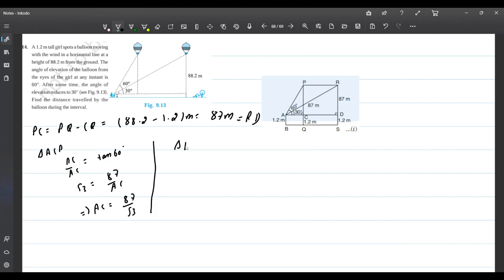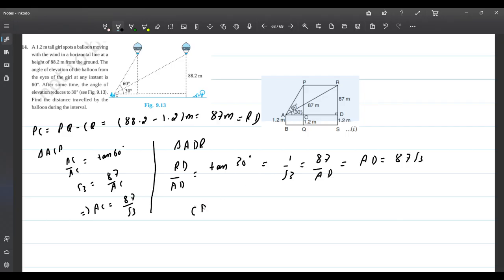Now in triangle ADR, RD upon AD is equal to tan 30 degree. So this is equal to 1 upon root 3, 87 upon AD. So AD is equal to 87 root 3.